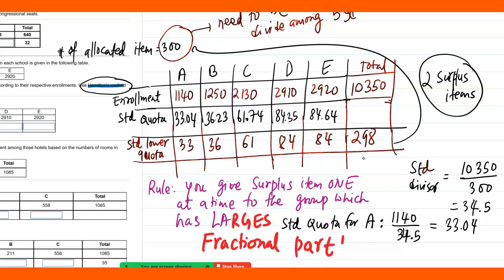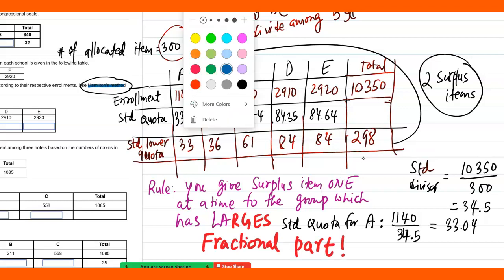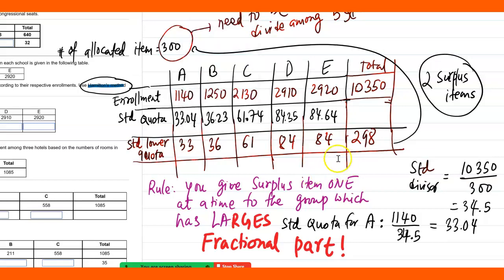Do you understand what the fractional part is? Look here. Which has the largest fractional part? This 74 is the largest one. After the decimal, that's the fractional part. Therefore, you add one computer to group C. You put +1 here, so 61 now has to be 62.